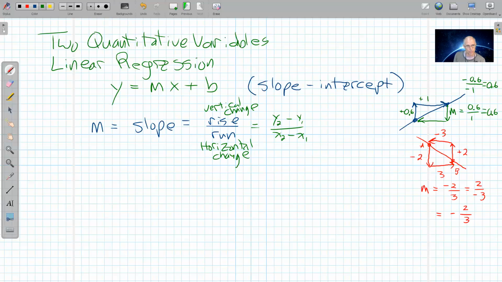Y-intercept, b. The y-intercept is actually a point, not just a number. So I would write it as 0, comma, b, and it's the place where x is 0. Just think about a graph for a second.